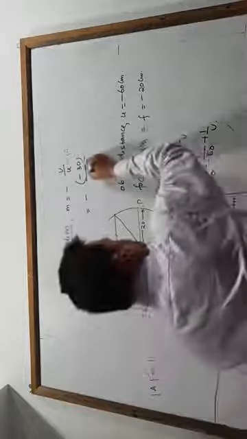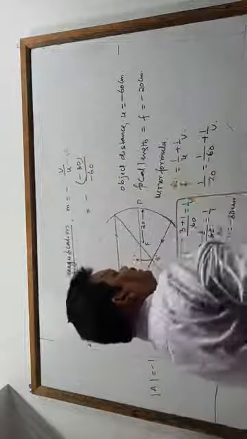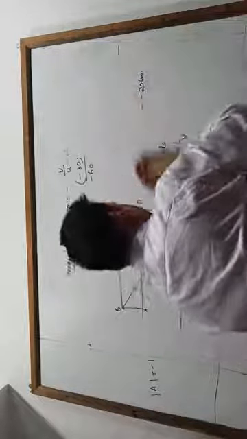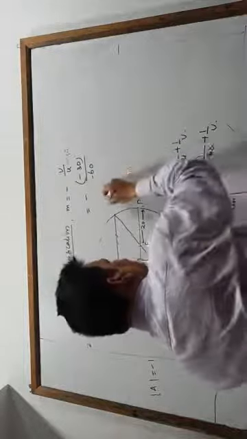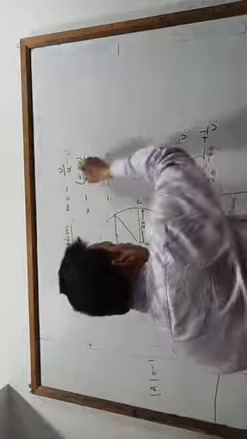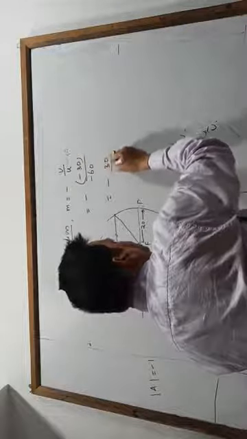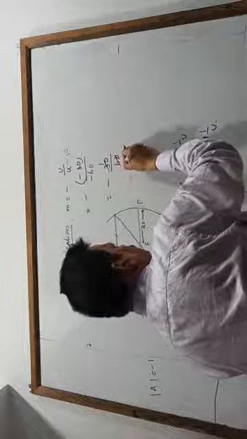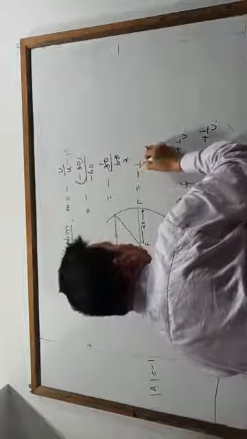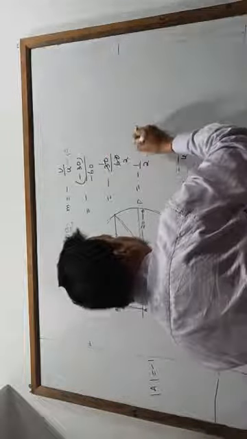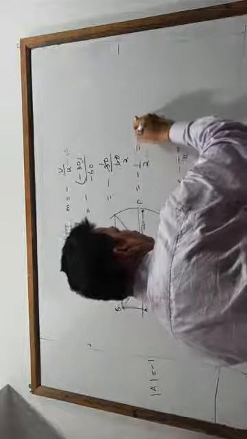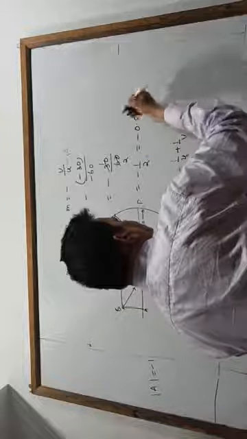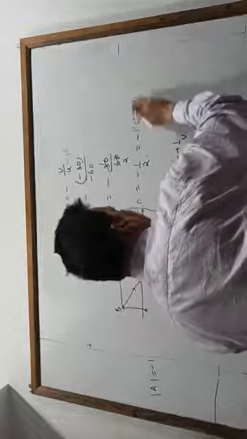Minus 60. So that is, minus cancels, 30 by 60, that is 1 by 2. So minus 1 by 2, that is minus 0.5.